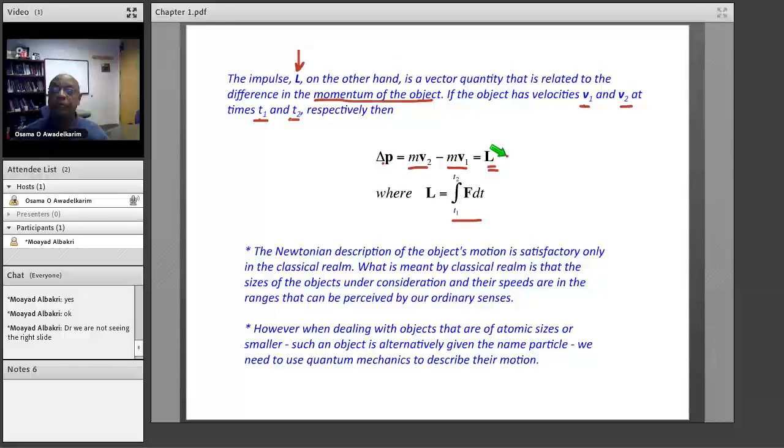So what we have here is the linear momentum, linear impulse principle, which simply says the difference in the linear momentum of an object between times t1 and t2 is equal to the linear impulse L. So this Newtonian description of mechanics works very well, okay, in the classical scheme.